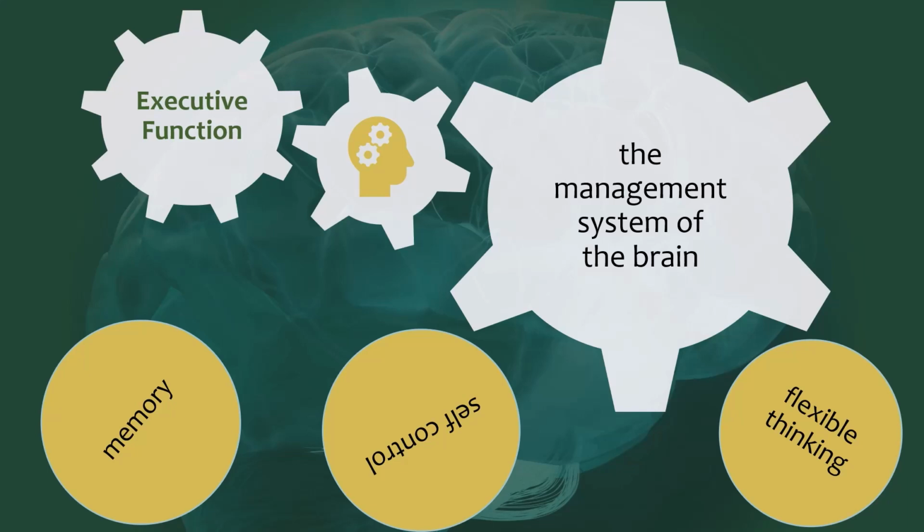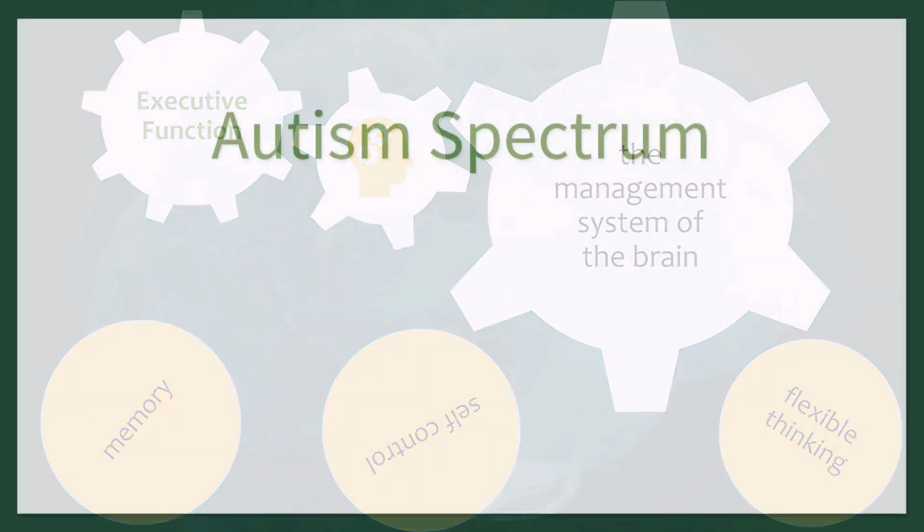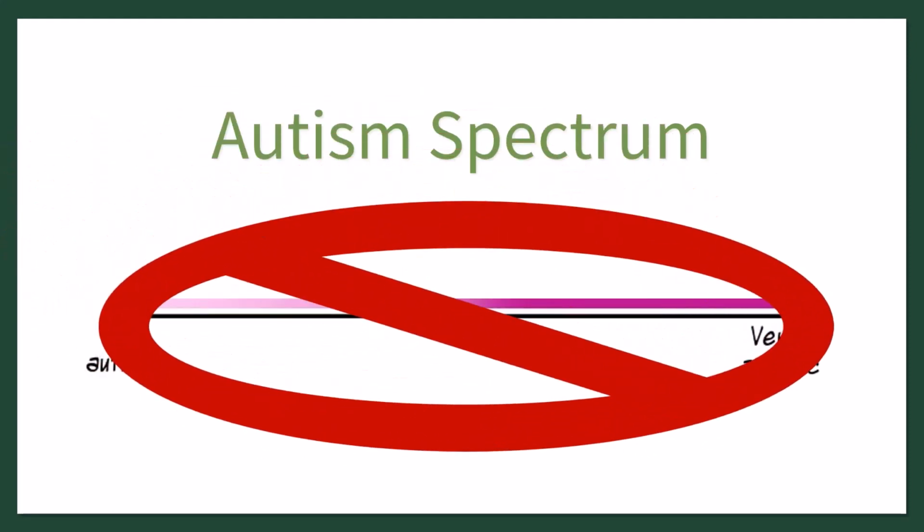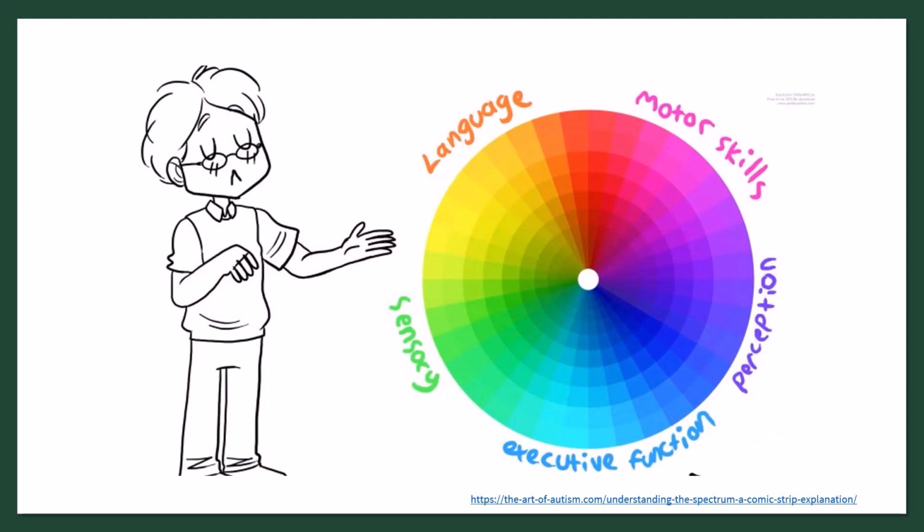Now, because it's called an autism spectrum, some people think that it ranges from not autistic all the way through to very autistic, but that is not the case. I have borrowed here from artofautism.com an excellent image that helps explain a better spectrum model for autism.